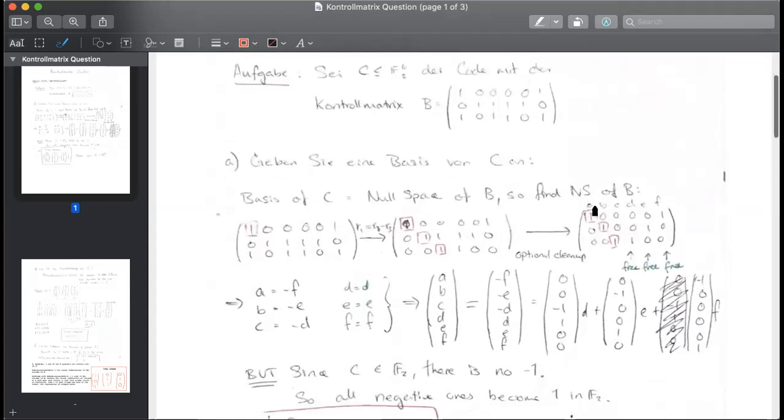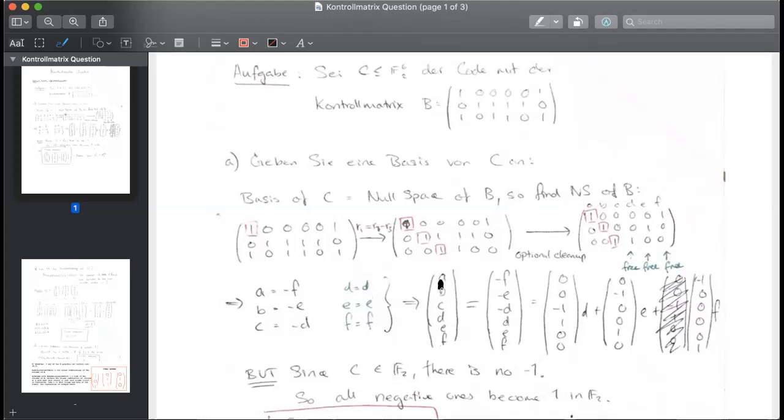You have your pivots over here, and you've got your free columns over here. The idea is to let the free variables equal themselves and write the pivot variables in terms of the free variables. Once you've done that, that's going to be your null space, the linear combination of the columns.